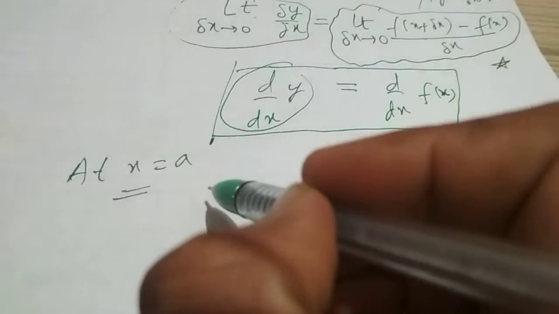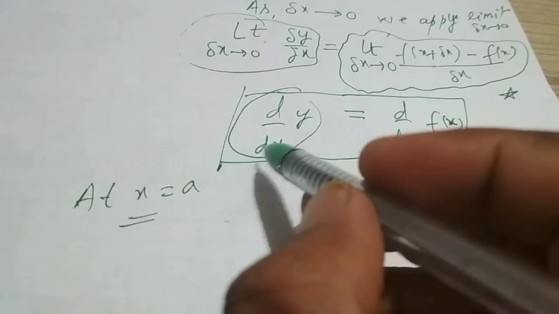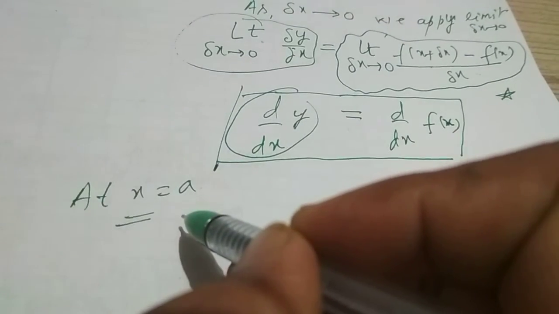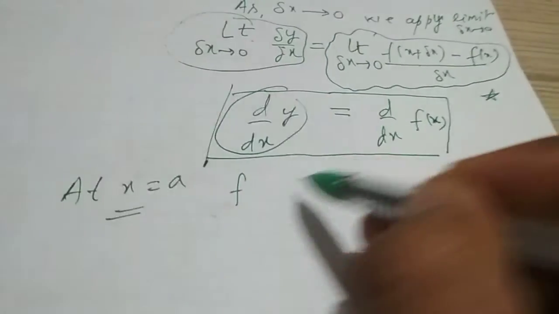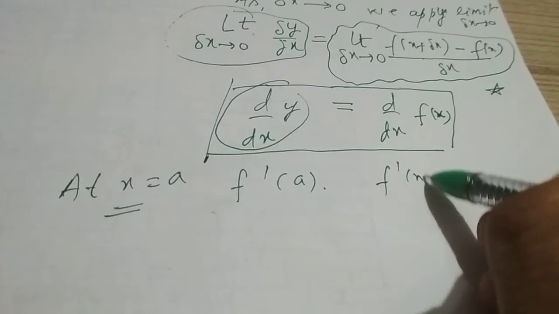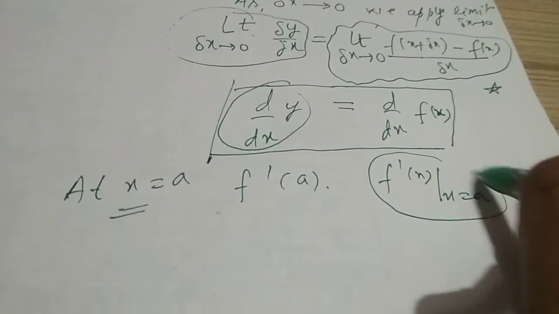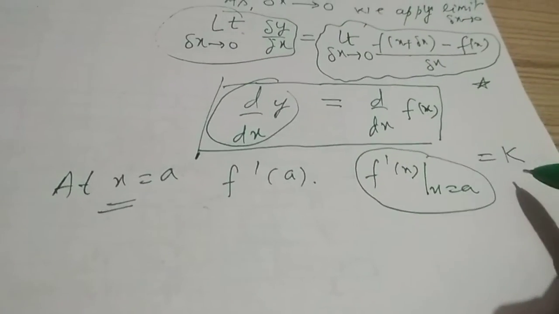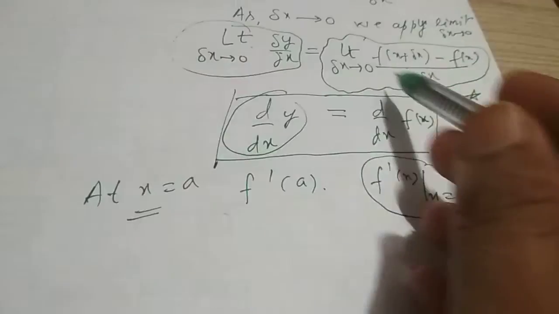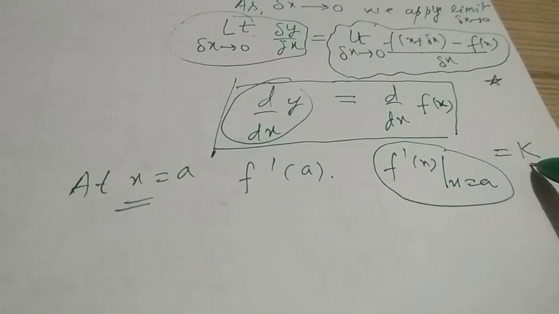In that case, we can write, because we will get some constant only, and that constant is nothing but f dash at a. That means derivative of f of x at x equal to a. So this is some quantity which is constant, suppose it is k.